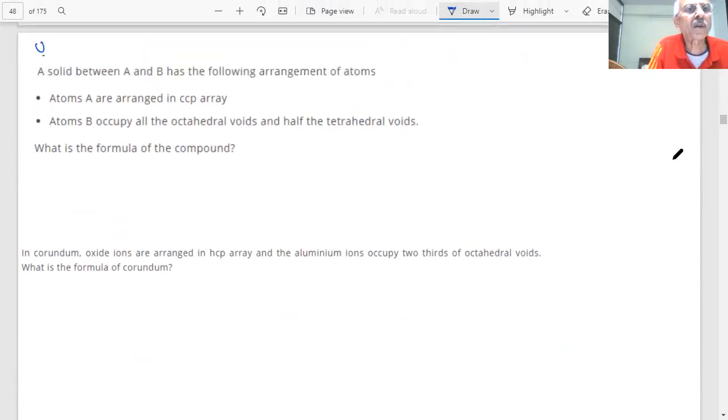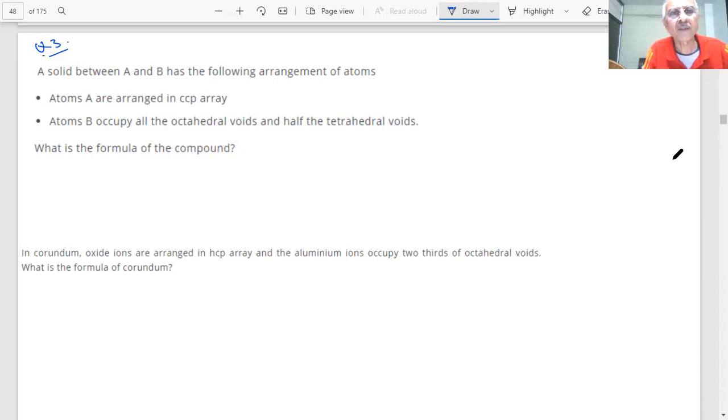Question number 3, student. A solid between A and B has the following arrangement of atoms. Atoms A are arranged in CCP array. That means A is larger in size, at the cubical close packed structure.